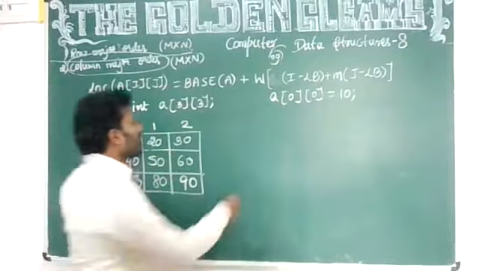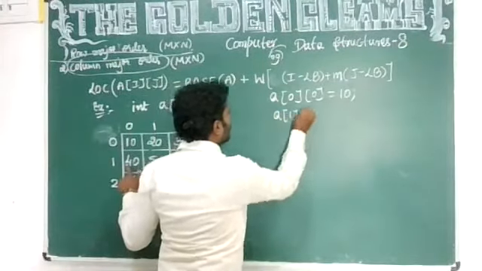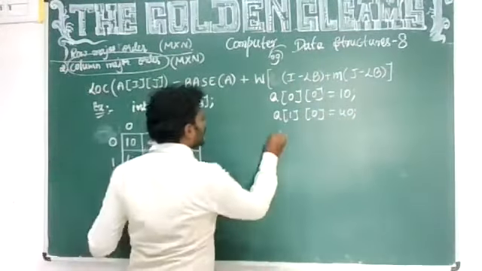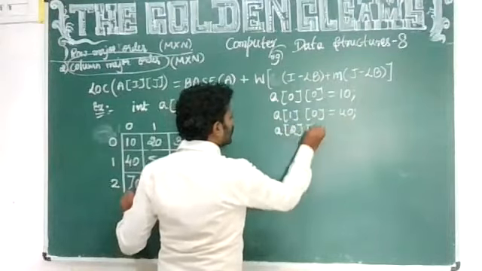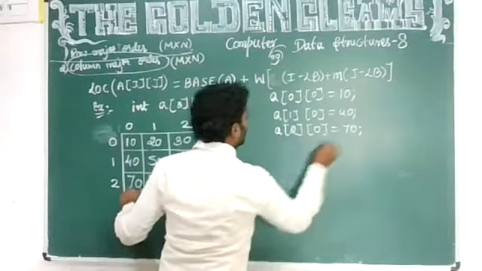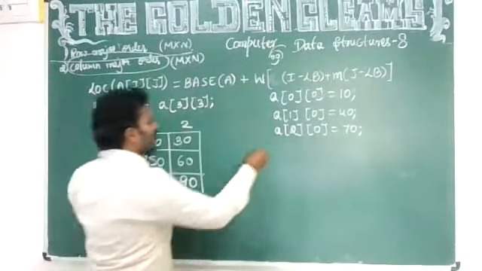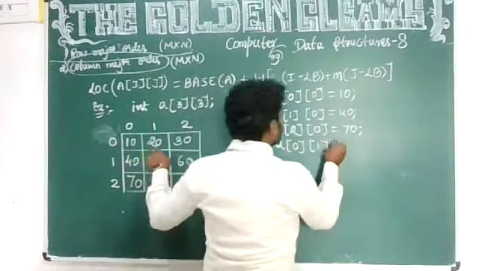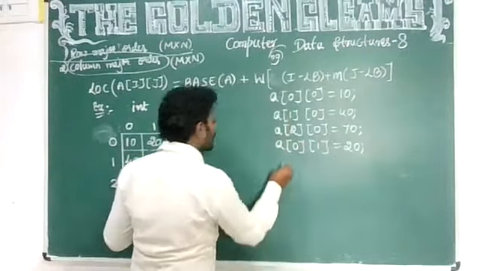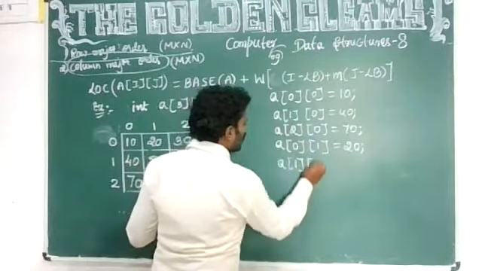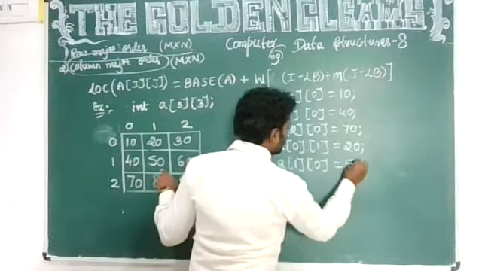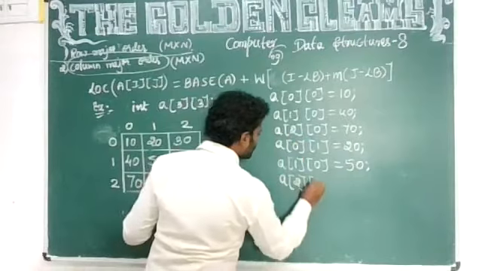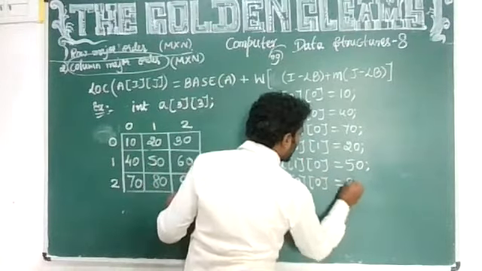So 10 is done, come to 40, it is [1][0] 40. Then 70, it is [2][0] 70. Next come to 20. Which is 20? [0][1], so it is 20. Next? 50, it is [1][1] 50. Then next it is [2][1], it is 80.